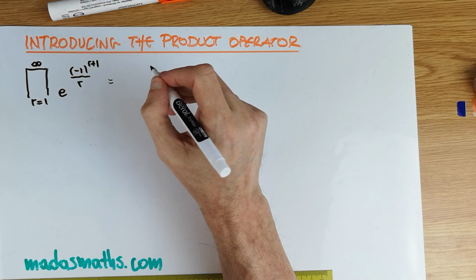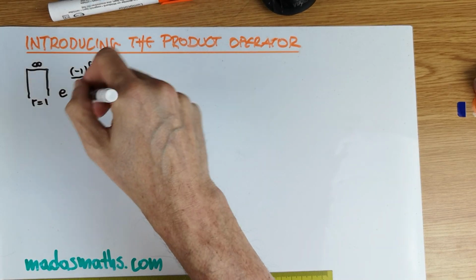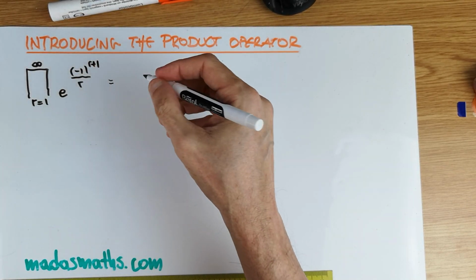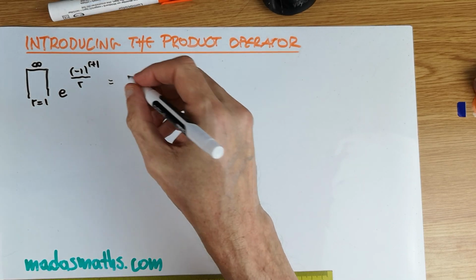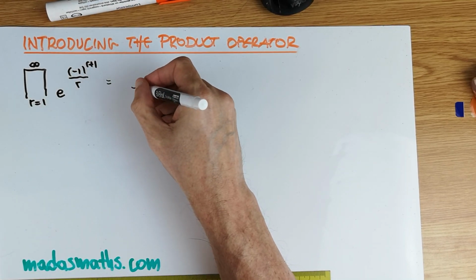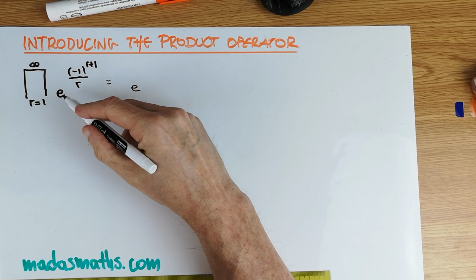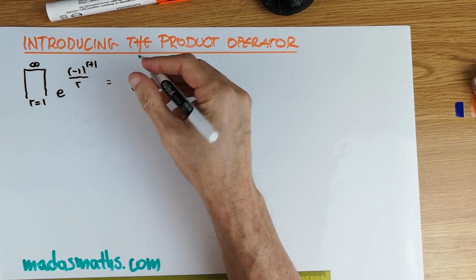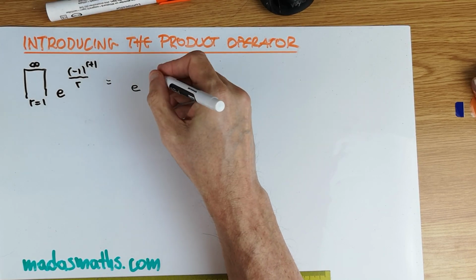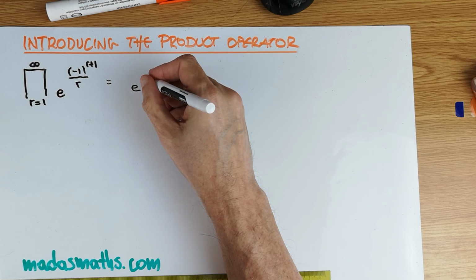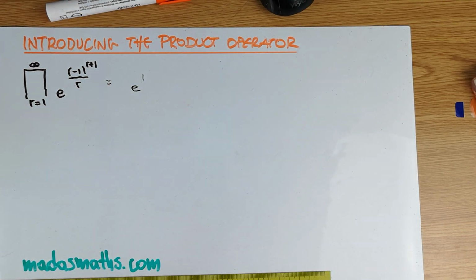So let's see what this actually stands for. So let's write a few terms explicitly so we can actually see it. So when r is equal to 1, this will give us e to the, and that's going to go, of course, 2, so it's going to be positive, to the 1 over 1. So that's basically e.